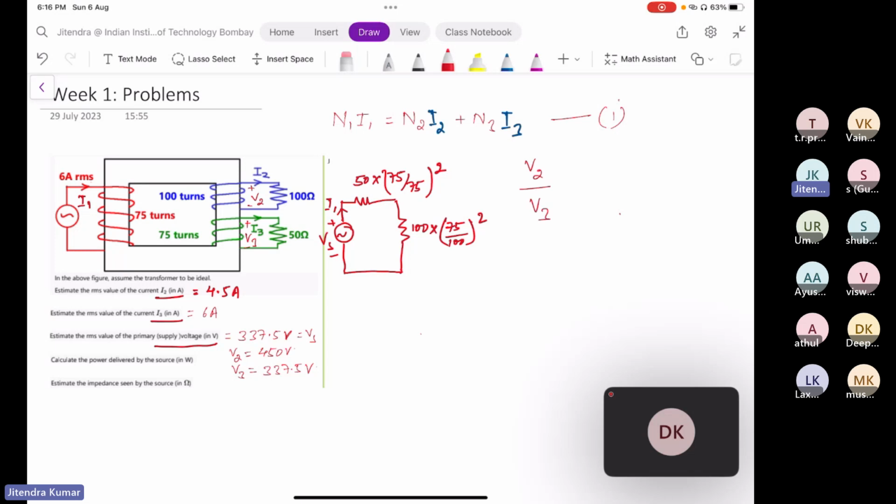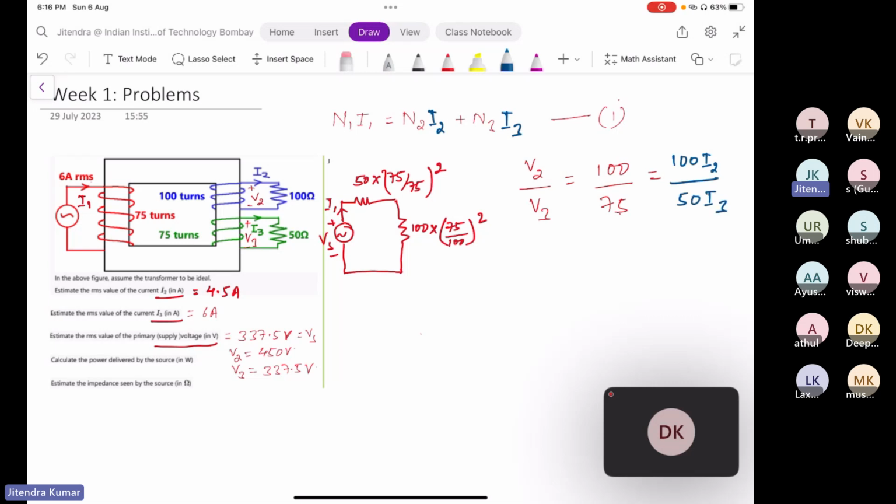V2 by V3 is equal to 100 by 75. I hope no one has objection with it. And at the same time, I can write V2 is equal to 100 I2 and V3 is equal to 50 I3.